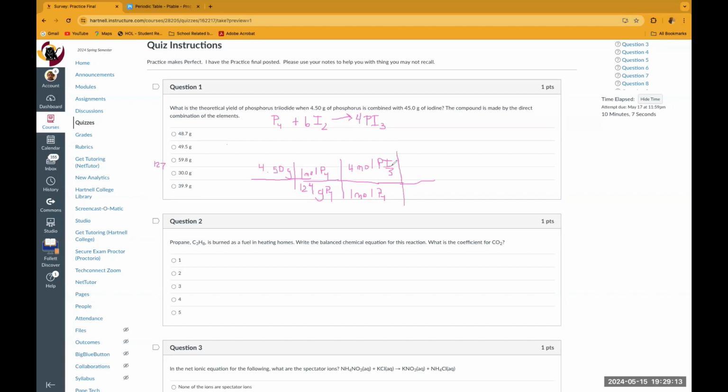So that looks horrible. Okay, so then we need to figure out how much PI3 weighs. So we know phosphorus was 31, and then plus 3 times 127. What do you guys got?